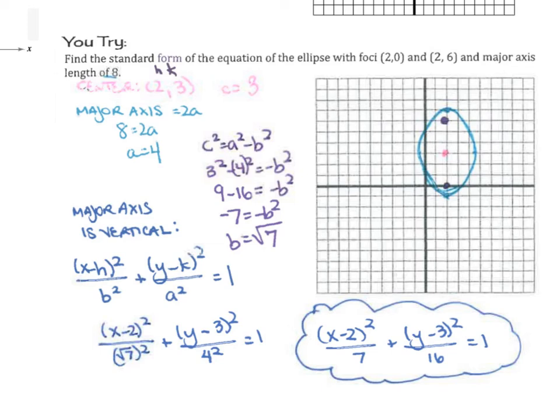The major axis is 8, so we divide by 2, and we get a is 4. Then we solve for b. b is the square root of 7. Now with the graph, you would see that the major axis is vertical, so we have to use the other formula, (x minus h) squared over b squared plus (y minus k) squared over a squared equals 1. Then you substitute everything you know, simplify it, and here is the equation.